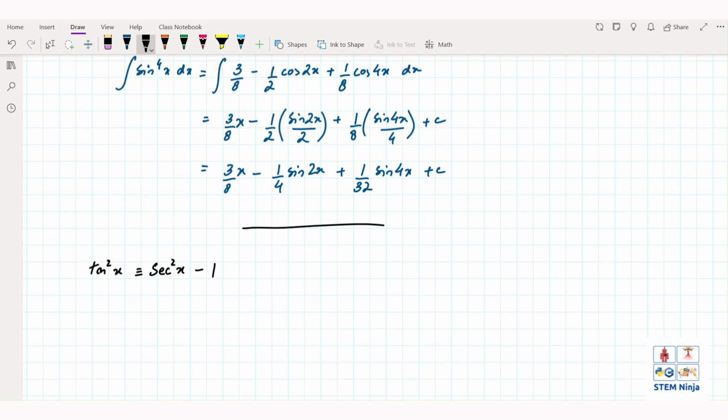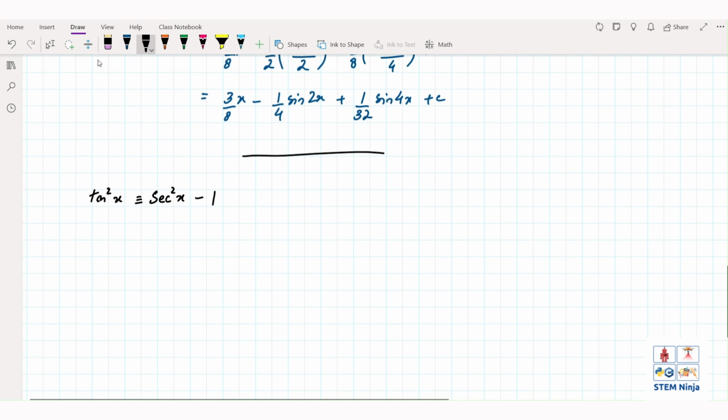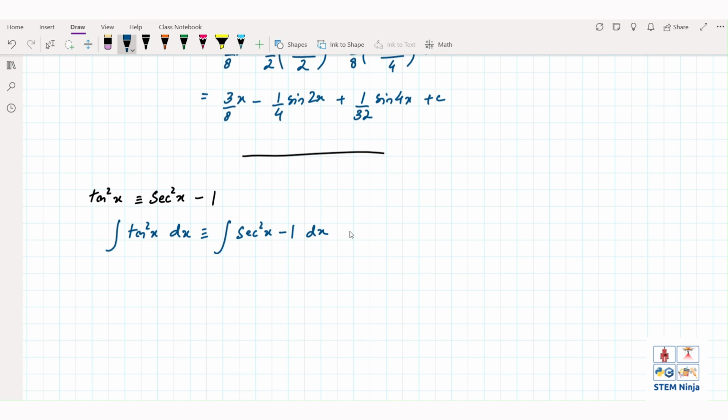So if you want to integrate tan squared x dx, we are actually just simply integrating secant squared x minus 1 dx. So the integral of secant squared is just tan x, and minus x plus c. Very straightforward.